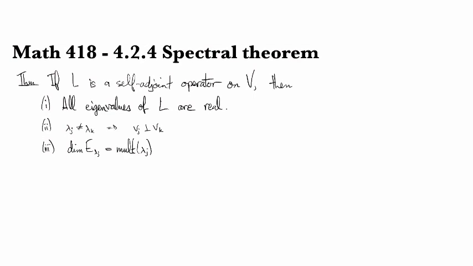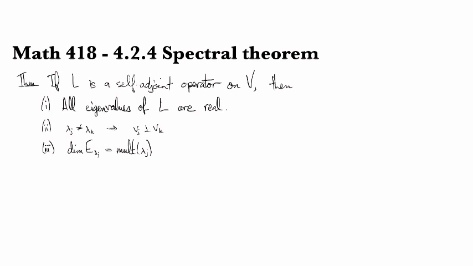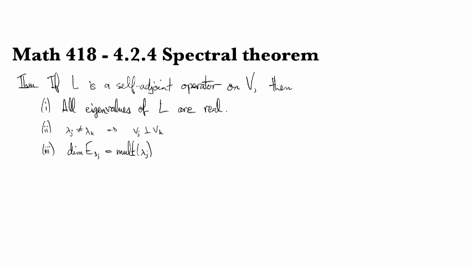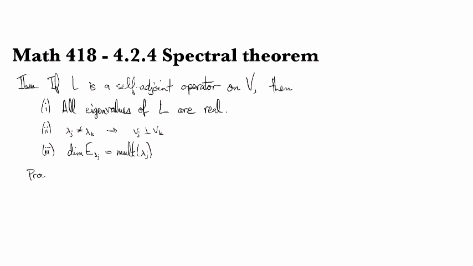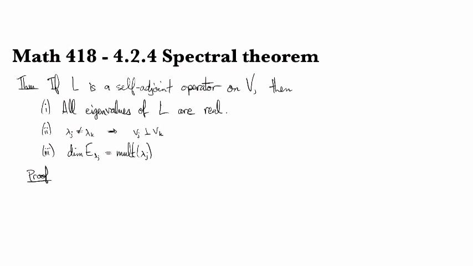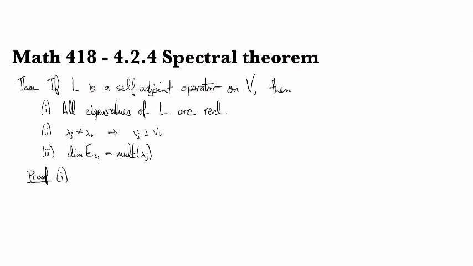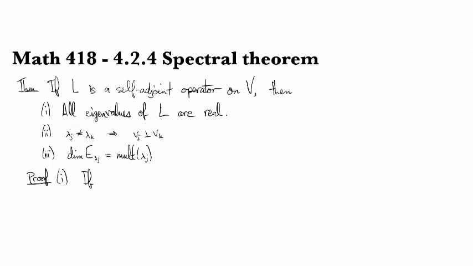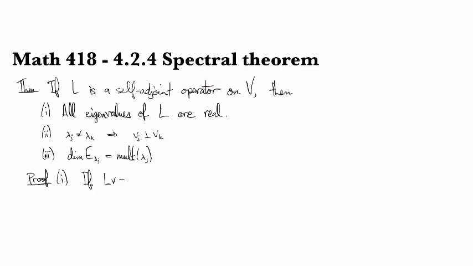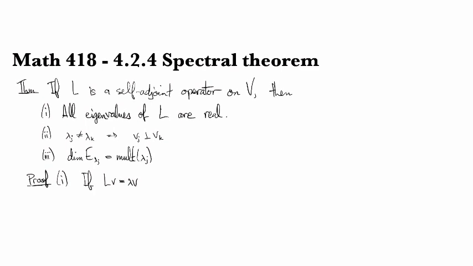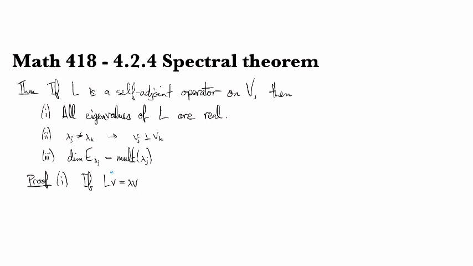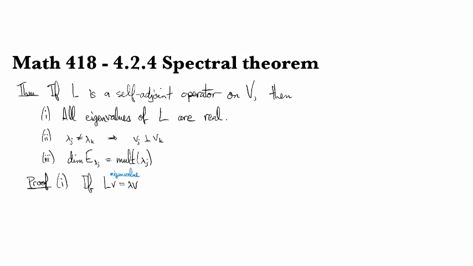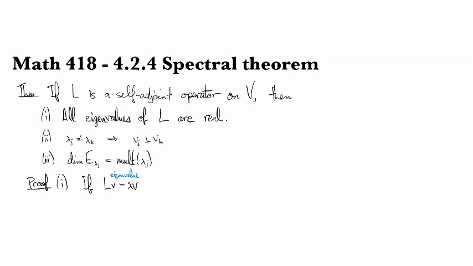Okay, so I'm not going to prove all of this. The third part in particular takes a bit of work, but we can definitely look at the first two. They're actually pretty straightforward. So for the first one, suppose LV is equal to lambda V, and I want this to be non-trivial, so V is not 0. So this is an eigenvector pair.